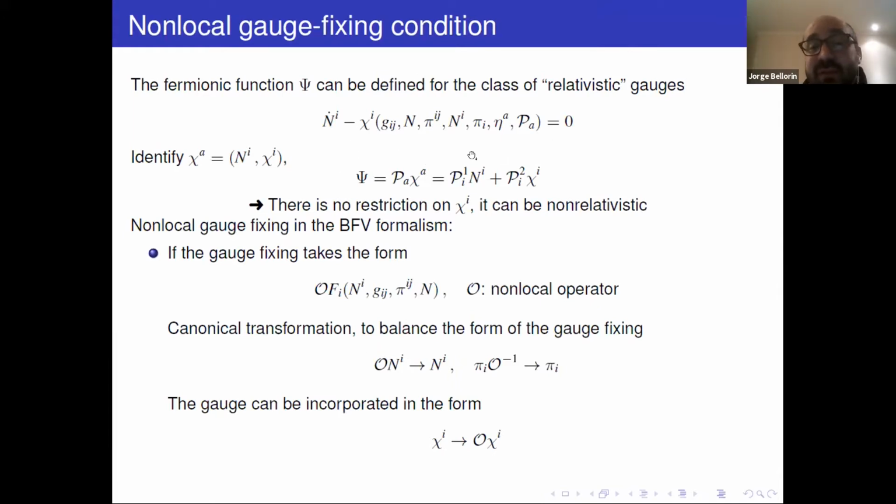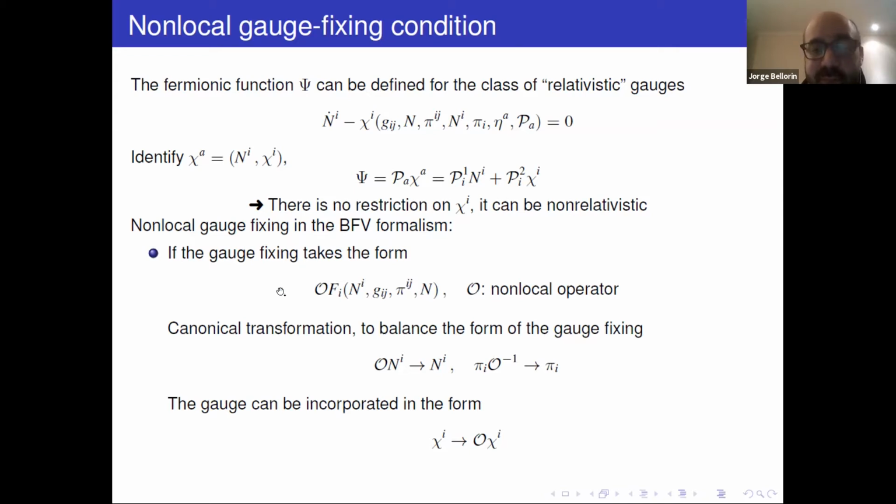The last step is how to incorporate the gauge fixing. So this is the famous form of the relativistic gauge the BFV authors introduced. But at the end, since Chi can have any form, you may modify it in order to include the non-local operator.